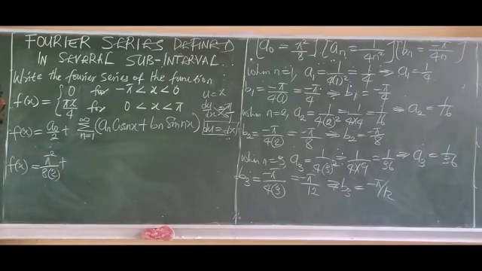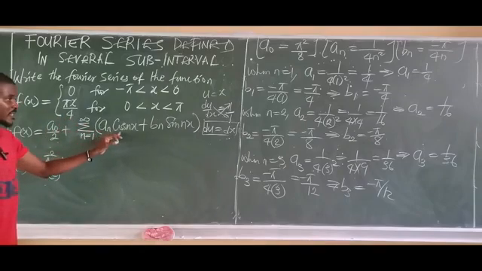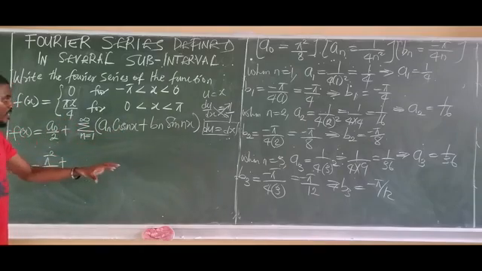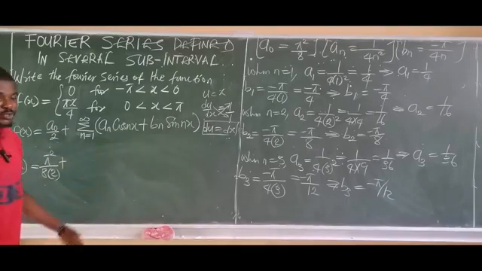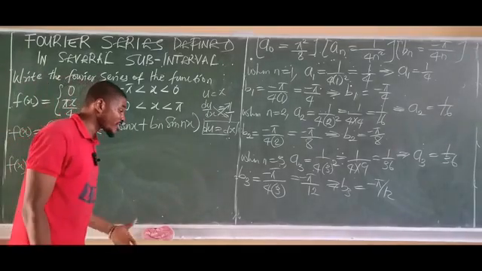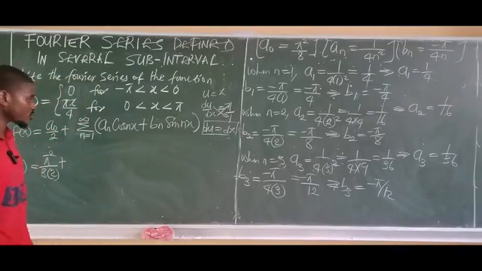Plus now the summation from n equals 1 to infinity of these constants an cos nx plus bn sin nx. So n starts from 1 and runs to infinity. Since you cannot approach infinity, that's why we stop at 3. You can do up to 4, or depending on how many the question is asking you to do.